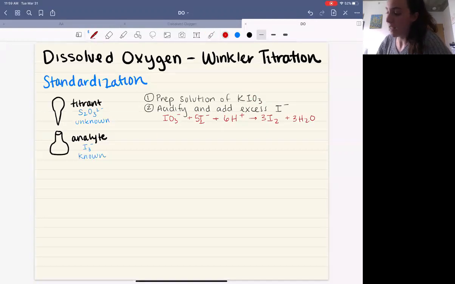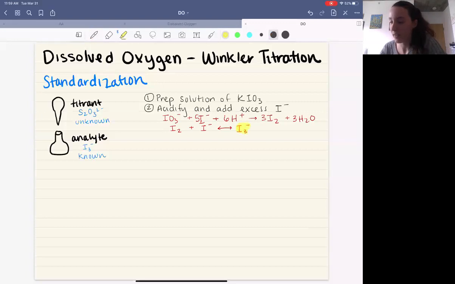Okay, and this iodine can go ahead and continue reacting because it's in equilibrium since we have that excess iodide in there. It can also form triiodide, I3-.